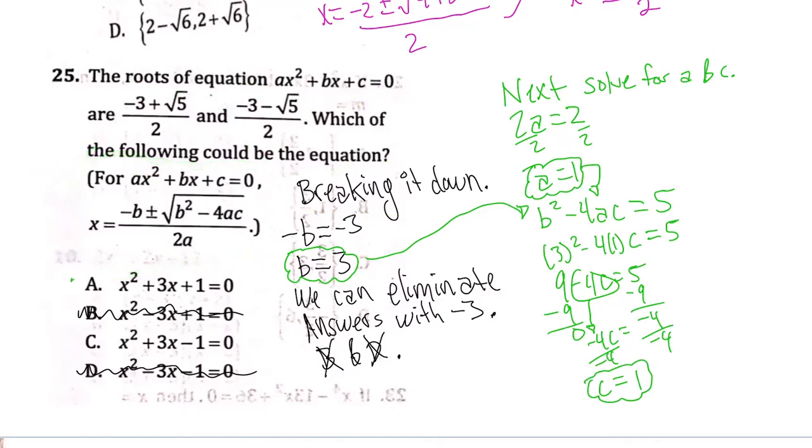Now, we have to understand that this b is 3. This b is the same. 5 is equal to the inside, like all this equals 5. Once we break it down, we got b equals 3, then we can eliminate answer choices.